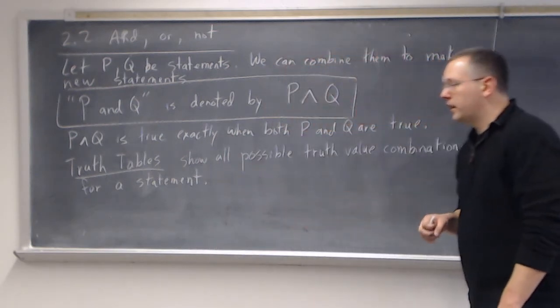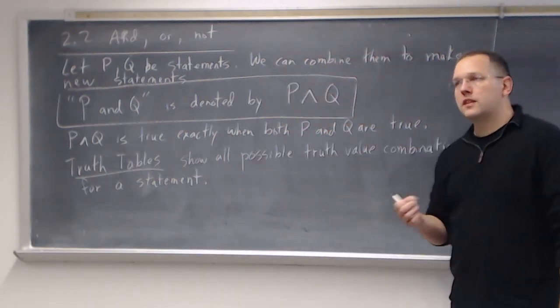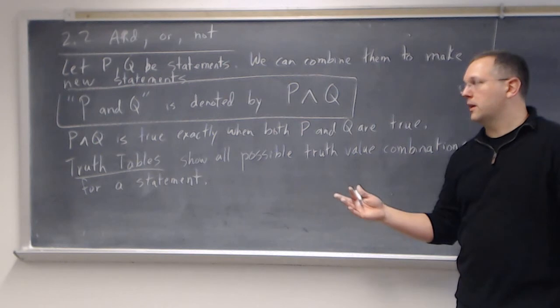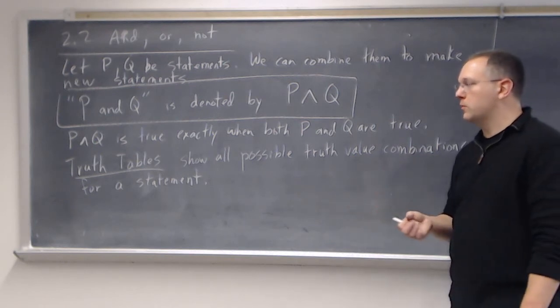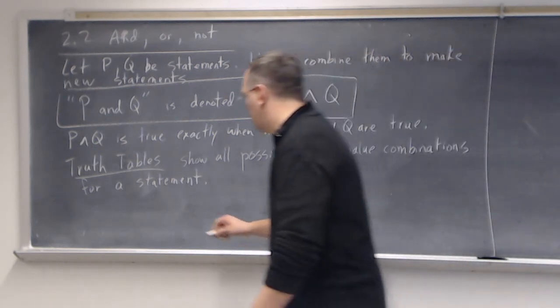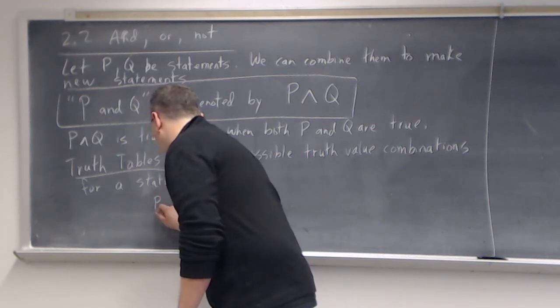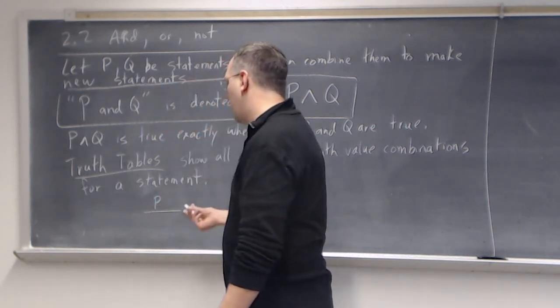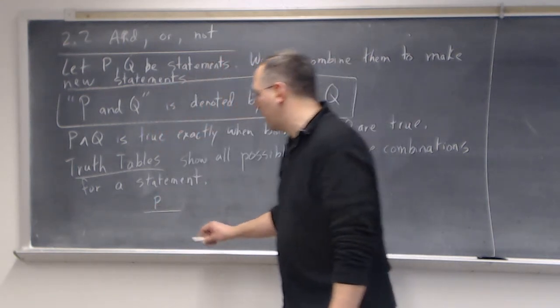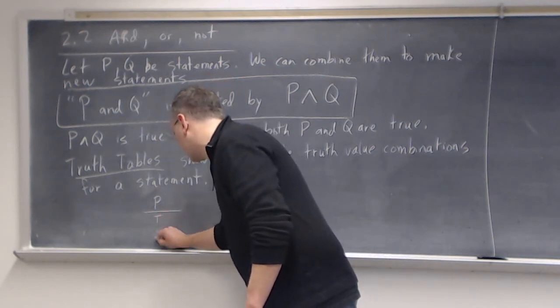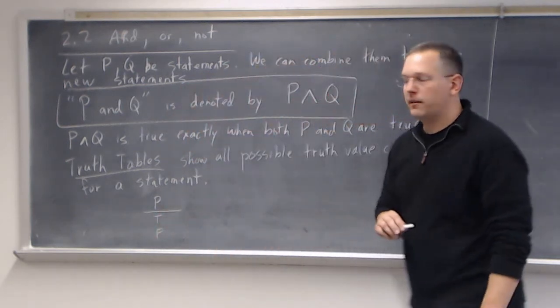The more statements you have in your compound statement, the more complicated the truth table gets. The most basic truth table starts with the statement P, and then you list all the possible values. For any given statement, it's either true or false, right?